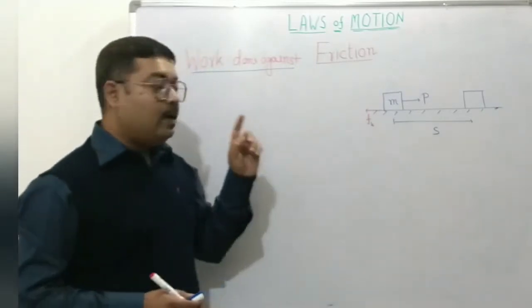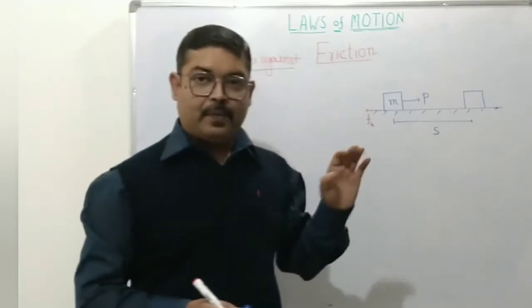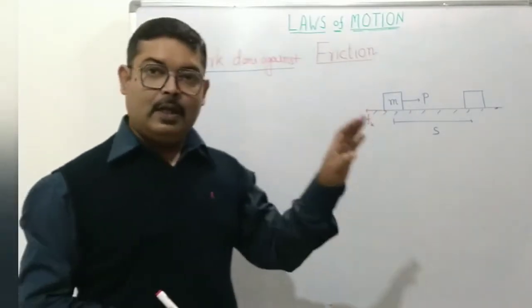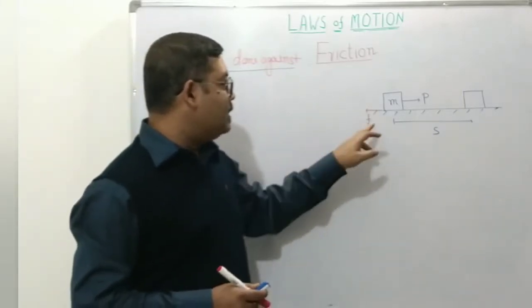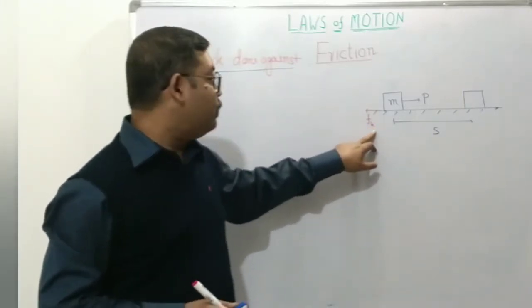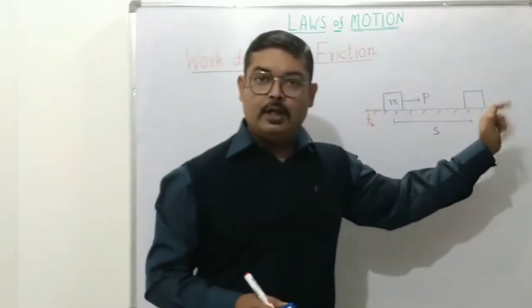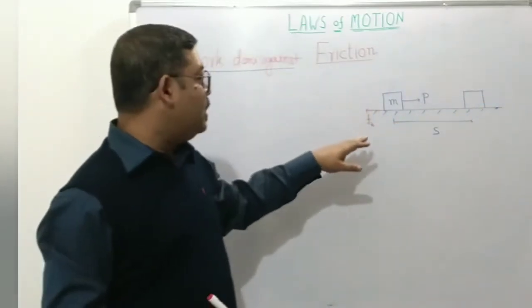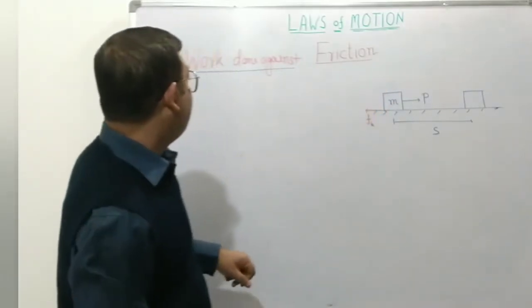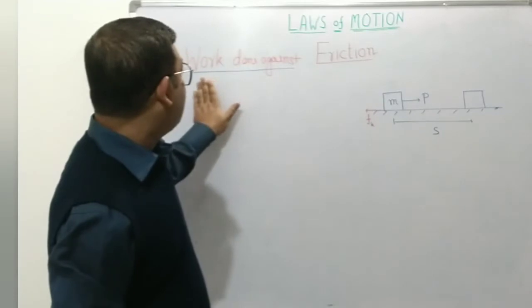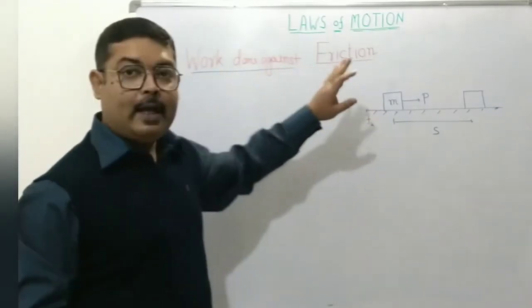However, in class 9 we have studied that if the object moves against the direction of the applied force, as is the case with the force of friction, where friction applies in this direction but the object moves in the opposite direction, then work is not done by the force, but work is done against the force. So that work done is what we are going to study in this topic: work done against friction.